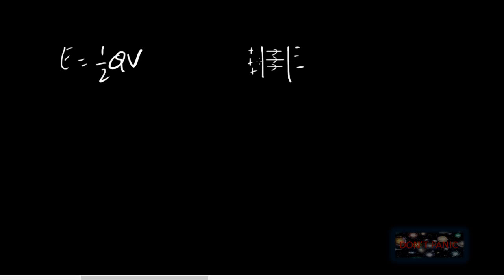Now suppose you connect the positive plate and the negative plate. Then as these positive charges go from the positive plate to the negative plate, they're going to be canceling the charge that is of the opposite sign. Suppose this charge goes from here to here, so they cancel each other out. Now look how much charge is left. Only 2 positives here and 2 negatives here. Because the charge decreased, so did the electric field, and so did the potential difference.